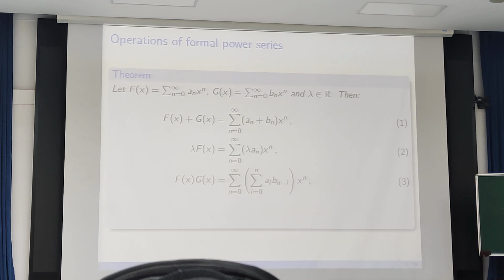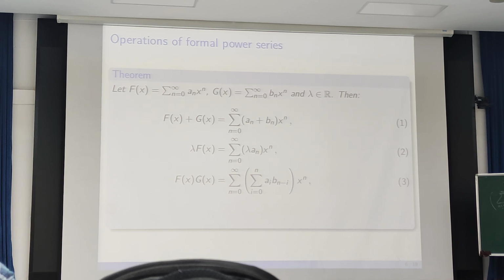Now suppose that f times g is equal to a power series h with coefficients, let's say Cn, where n goes from 0 to infinity, and we write f as the sum of an x to the power n and g as the sum of bn x to the power n.